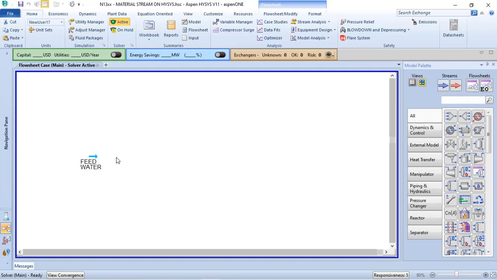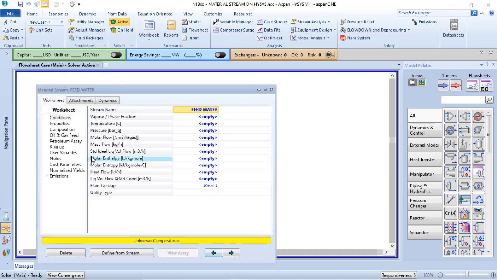Once you add that to your process simulation, it will be identified with a light blue color. It means that the stream is available for filling in information. When I click two times on that, a submenu will open and you can see that there is some information missing, and every field that you have here in blue means that you are able to add the information.